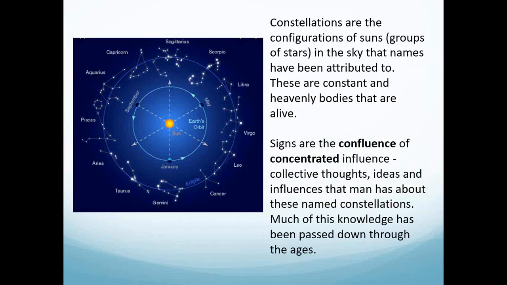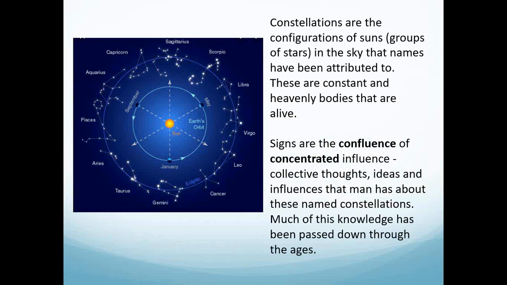Signs, on the other hand, are the confluence of concentrated influence. They are made up of collective thoughts, ideas, and influences that man has about these constellations. Much of this knowledge has been passed down through the ages. So there is a definite difference between constellations and signs.